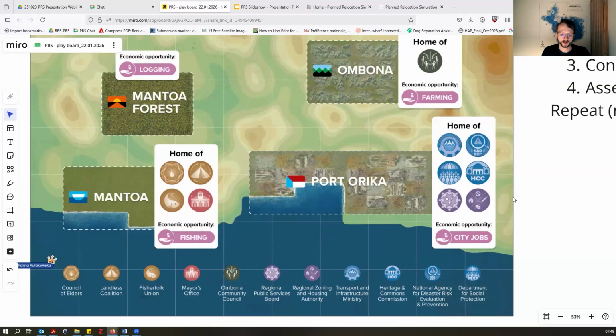So instead of having the actors focus exclusively on what's happening in Mantoa, which is the prime area being considered for relocation, there is a second community, Ombona, which also has needs in terms of access to services, and will be expressing those needs. The player playing that role has to advocate for themselves with the government, and it may also be a place to relocate to that can be negotiated.